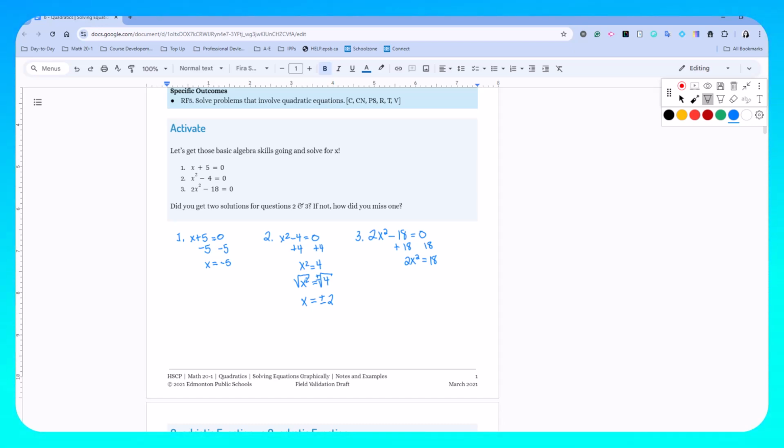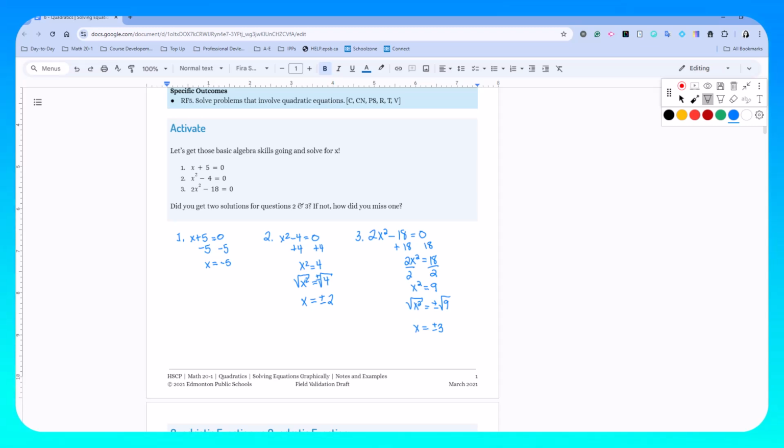Now, the opposite operation here is divide because the 2 is multiplied to x squared. So we get x squared equals 9. And now we're kind of where we were with question 2. We're taking the square root of x squared, and we're going to take plus or minus the square root of 9. So x equals plus or minus 3.